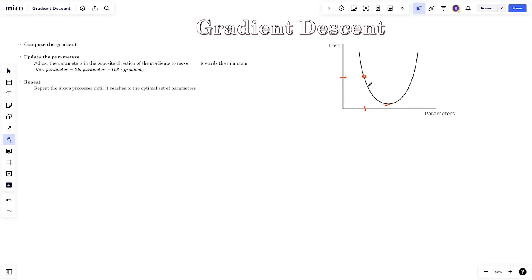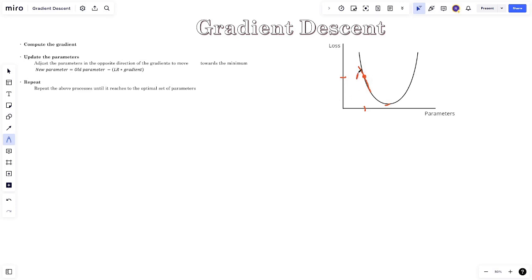For doing this, we need to compute the gradient at this point. So let's say the tangent at this point looks something like this, and the gradient at this point will be something negative.